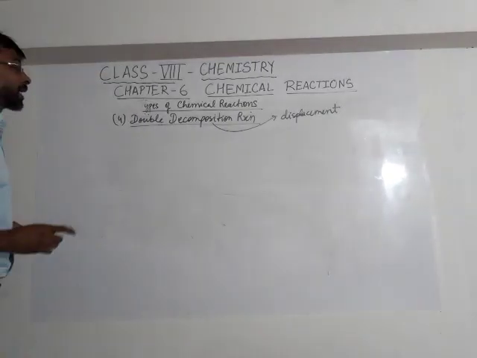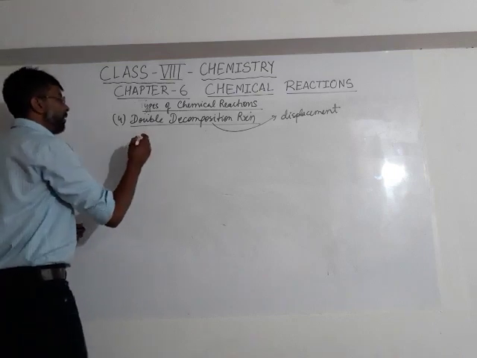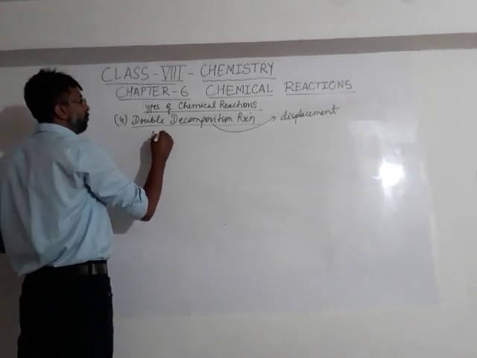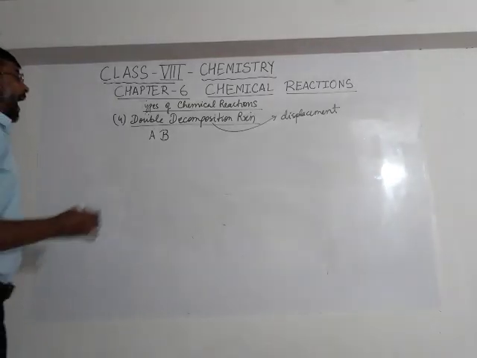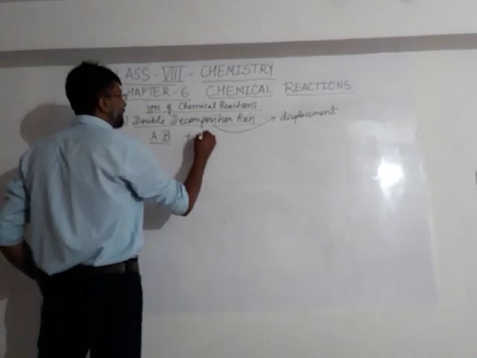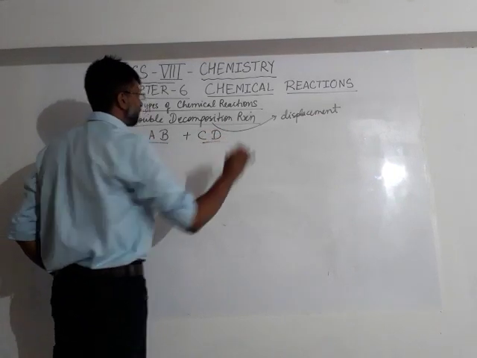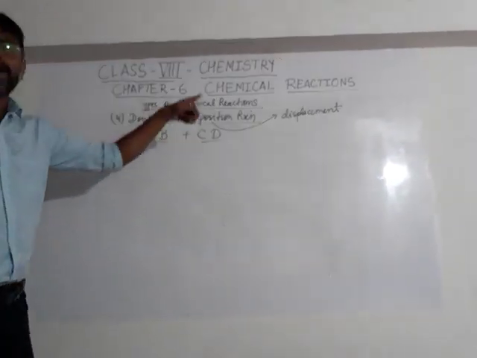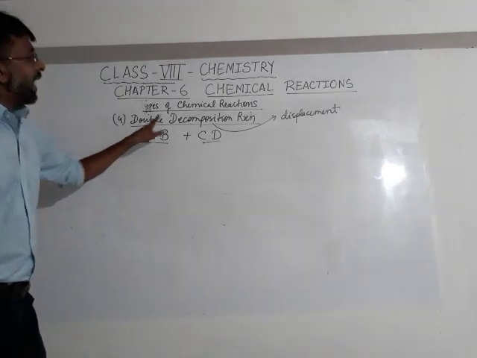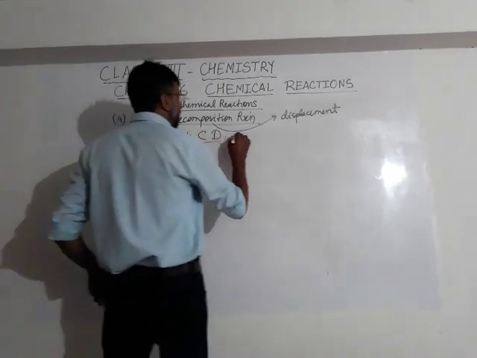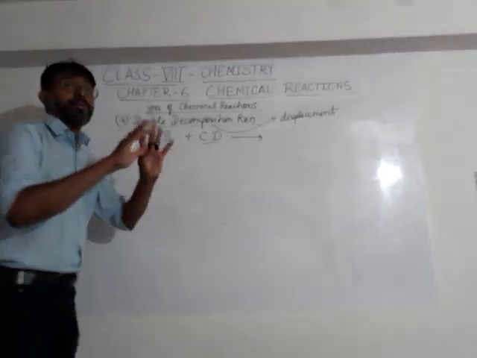Now, let me explain with a general reaction. For example, if I have a compound called AB, I react this compound AB with another compound CD. AB and CD are the reactants. When they react, after the reaction is complete, they exchange their partners, they interchange their partners.